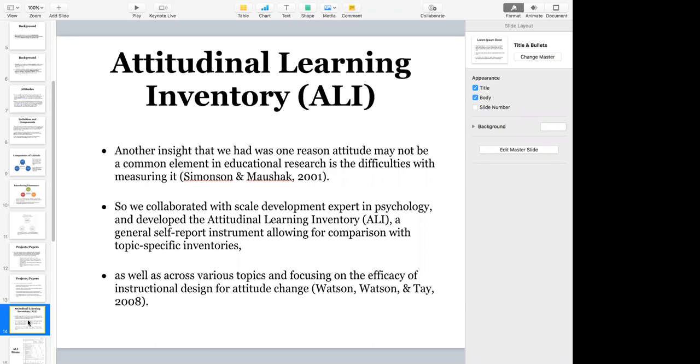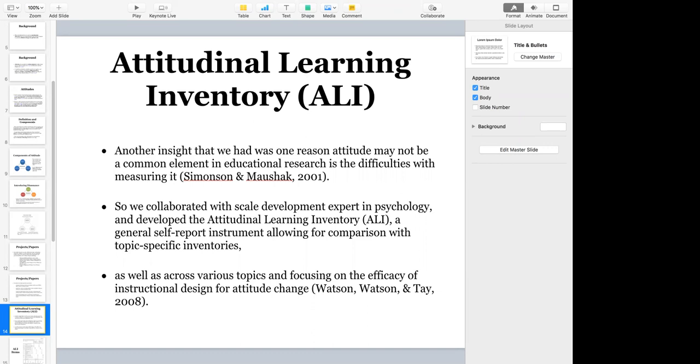subject or topic specific inventories, you can use it with those, or you can use it across different courses to compare the different instructional effectiveness or instructional results of these courses through the use of Ali.